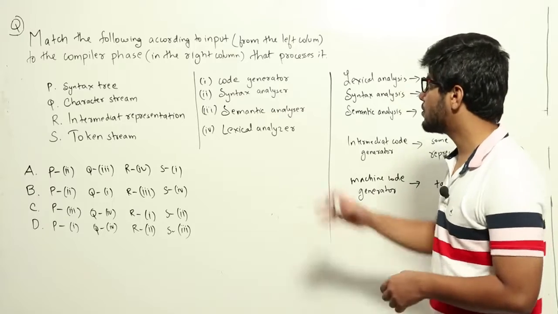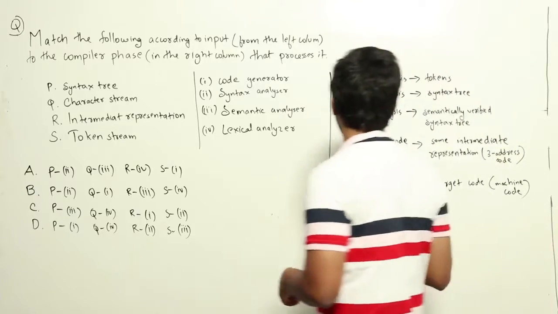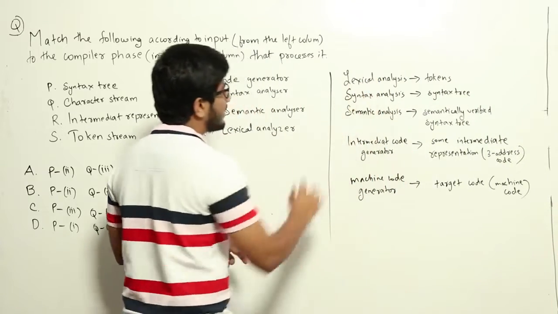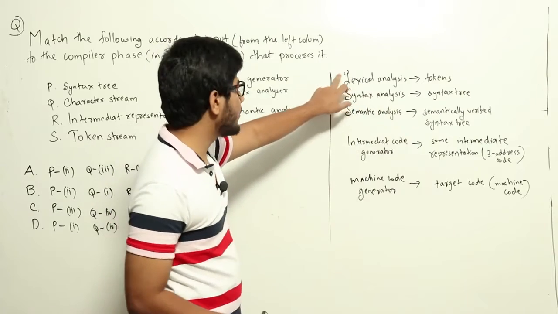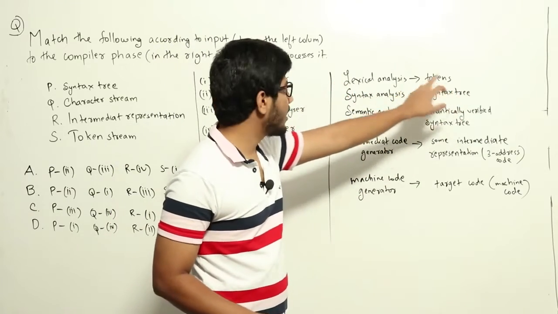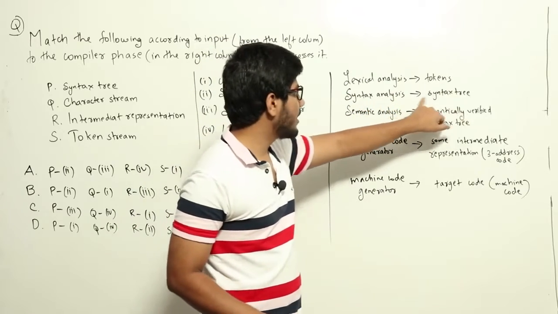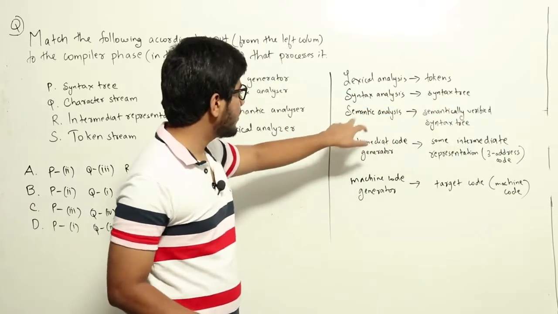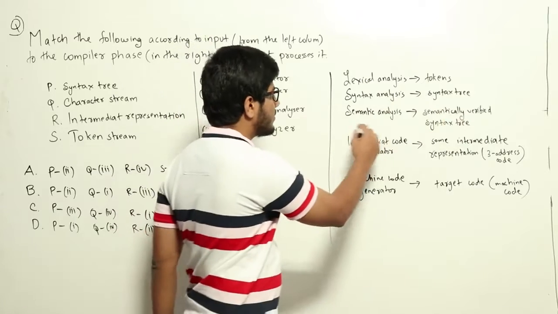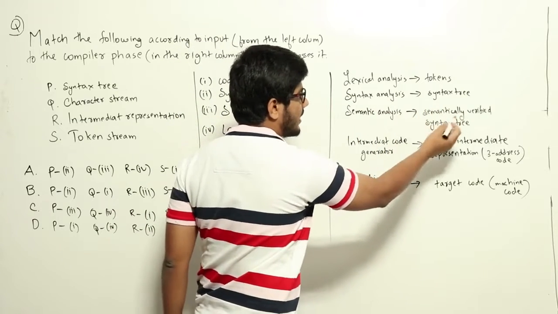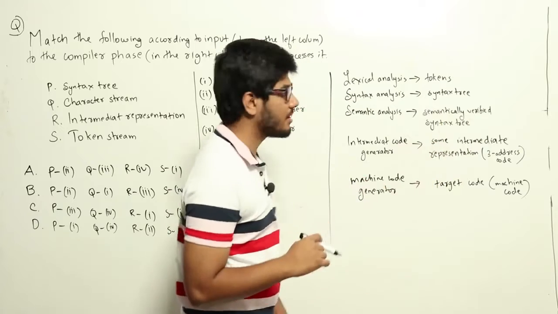I will show you the stages in a compiler. The first stage in a compiler is lexical analysis. Lexical analysis will output a stream of tokens. After lexical analysis we do syntax analysis. Syntax analysis will output the syntax tree. After that we do semantic analysis, and the output would be a semantically verified syntax tree.